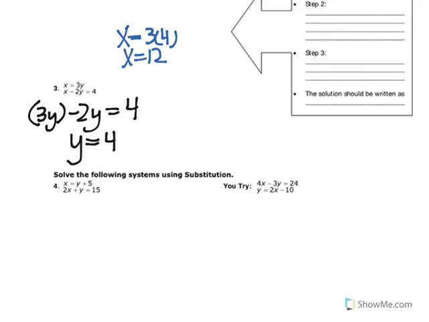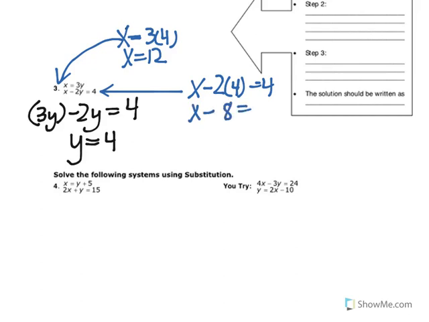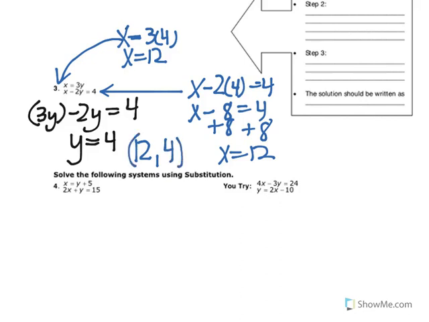Or I could say x minus 2 times 4 equals 4. This one's plugging it into the first equation. This one's plugging it into the second equation. So we get x minus 8 equals 4. Add 8 on both sides. x equals 12. So once again, you can see you get the same answer either way, no matter which equation you put it into, because math is cool.